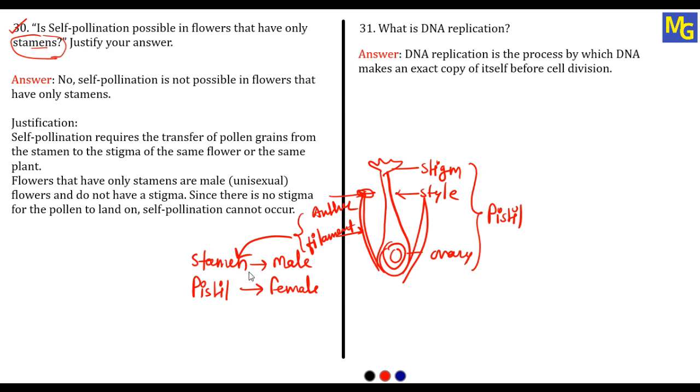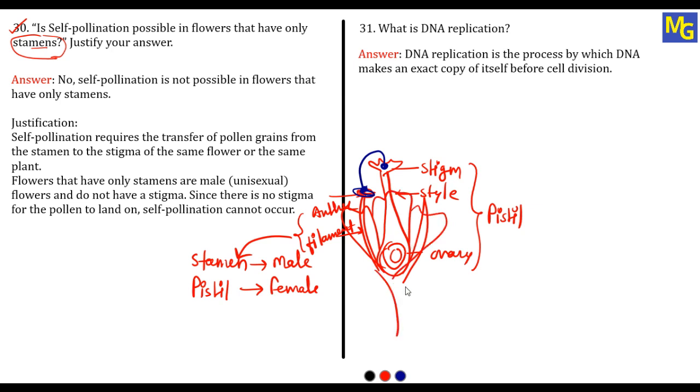So here what happens in case of self-pollination, the pollen grain from the anther will move to the stigma of the same flower. See here, pollen grain from the anther of this flower. This is the flower actually. Let me draw it completely. So imagine this is the flower here.